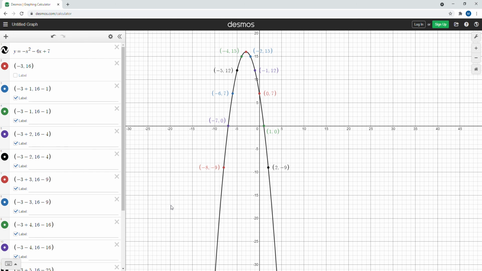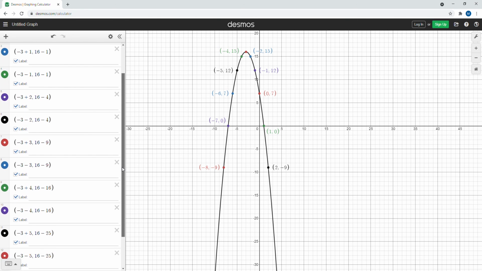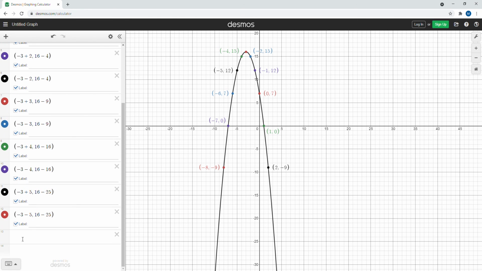Now, interestingly, 2 of those points are roots of our equation, because those are the points where they cross the x-axis. So we have a root at -7, 0, and we have another root at 1, 0. What that means is that we could plot this parabola in terms of binomials.